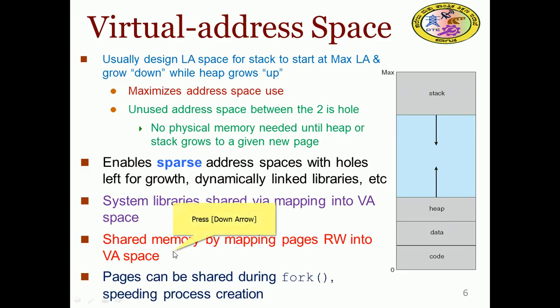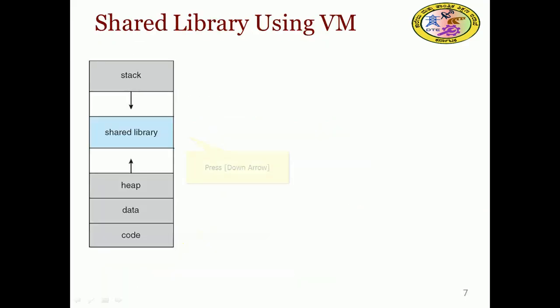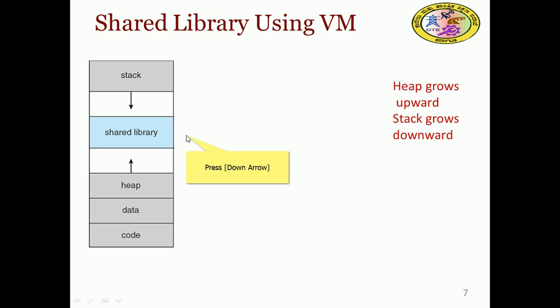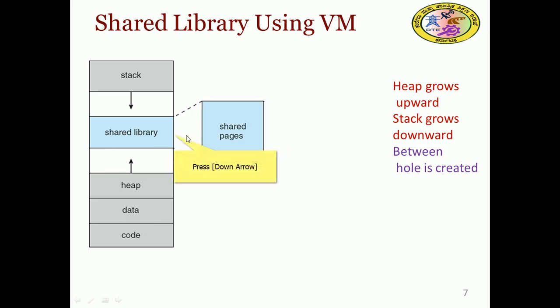Pages can be shared during the fork system call, speeding process creation. So this is a shared library using virtual memory. The heap grows upward and the stack grows downward, and in the free space between them the shared library is located.